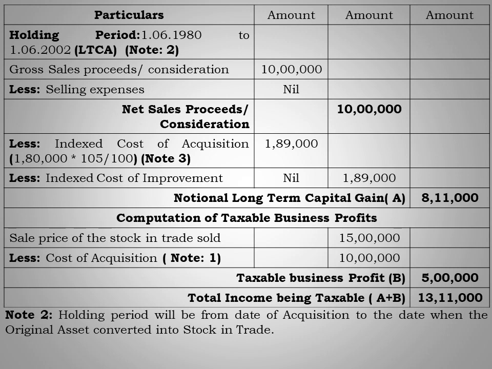Okay, so 10 lakh rupees, and we have to deduct the selling expenses. There are no selling expenses, that's why it will be nil. Therefore the net sales proceeds or the net sales consideration will be 10 lakhs, remains the same.